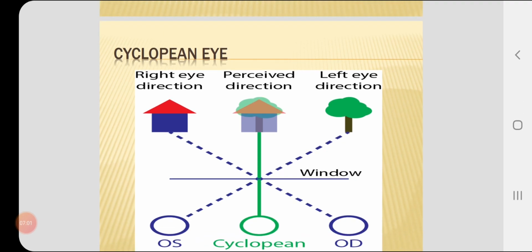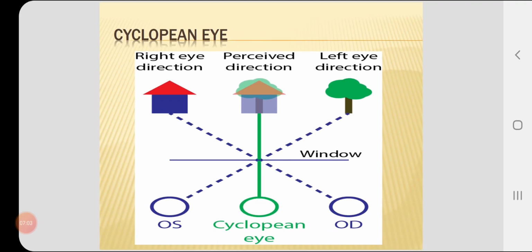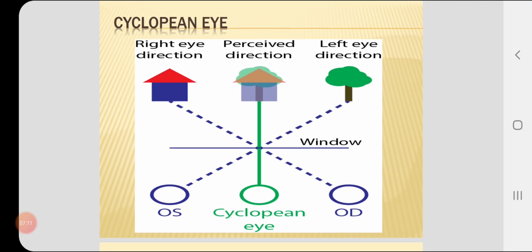Suppose you are looking through a window. With the right eye you are seeing a house, with the left eye you are seeing a tree. By the cyclopean eye, we'll have a simultaneous perception. That means we can see the tree and the house together at a single point of time.